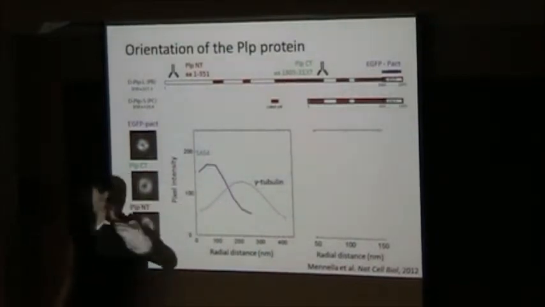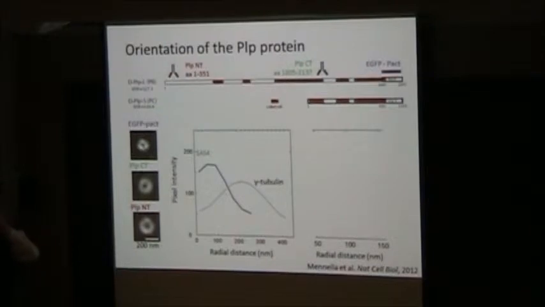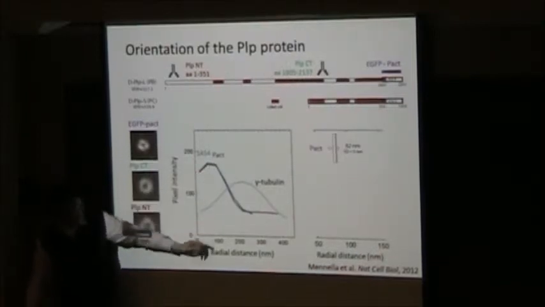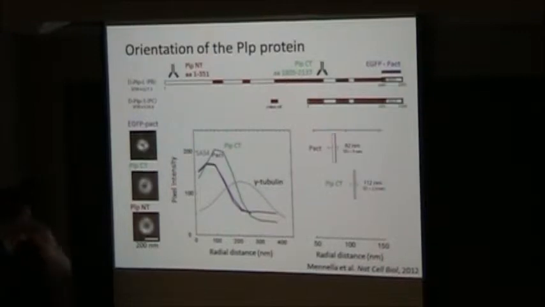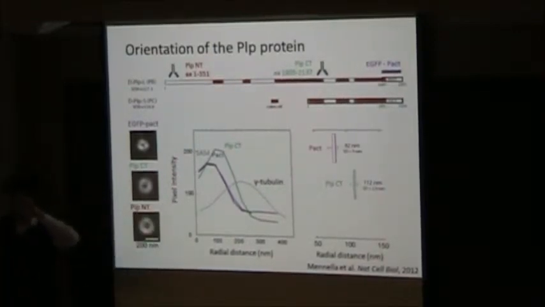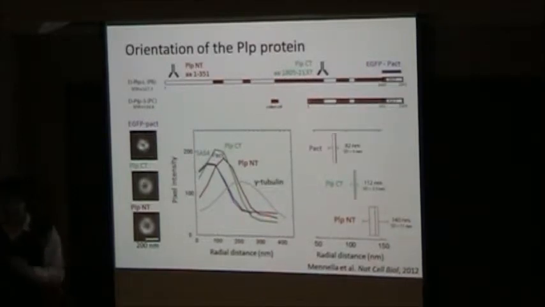Gamma tubulin marks the microtubule organization center, where the microtubules start to grow out from the centrosome. The C-terminal domain is located exactly at the centriole. The middle domain extends 30 nanometers outside, and the N-terminal domain is yet another 30 nanometers towards the outside.